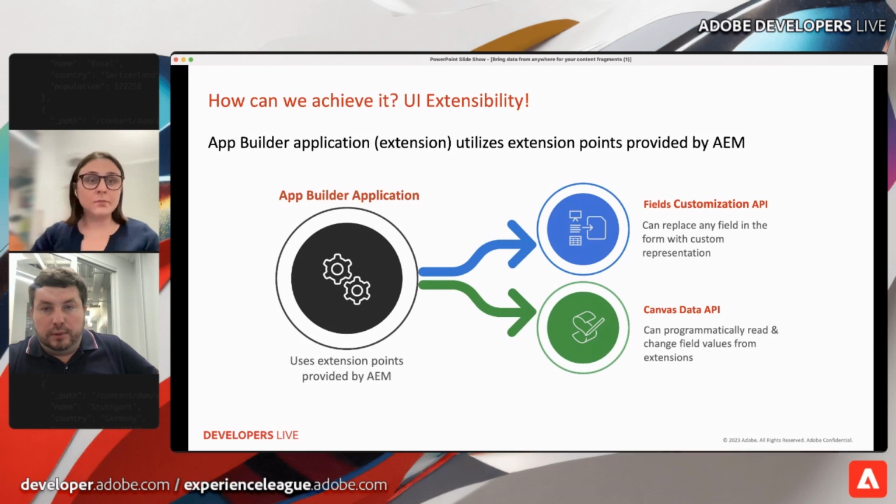The first is field customization, to replace the original address field with one that supports Google Places. The second is the Canvas Data API, to insert data from Google into our form. So you see that the logic is simple. We read data from Google and we put this data into our form.